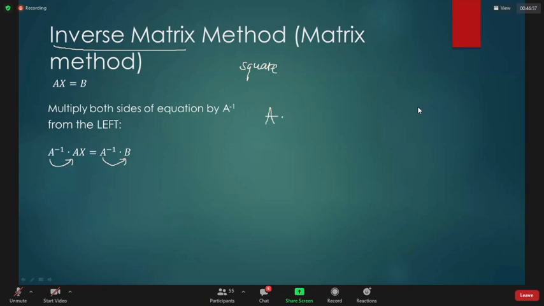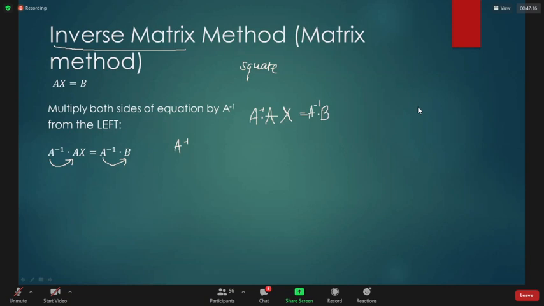So we have this matrix equation. The system is written in the form AX equals B, and then we come with the inverse, supposing it exists, the inverse matrix of A, and we put it on the left-hand side to multiply.